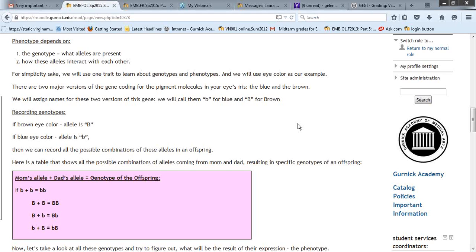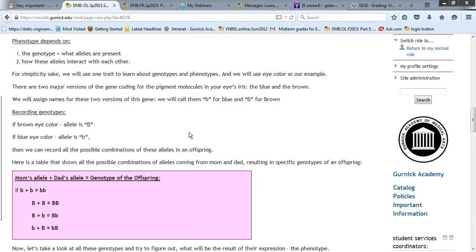You could express blue or you could express brown. Okay, so let's say we're gonna use the small b for blue and the big B for brown. Okay, we're gonna use a lowercase letter b for blue color or blue allele, and the uppercase B for brown color allele.